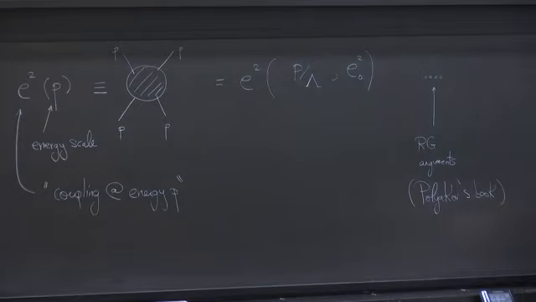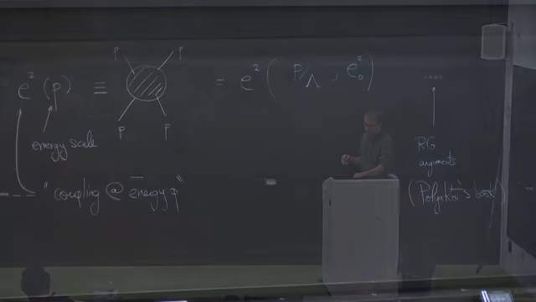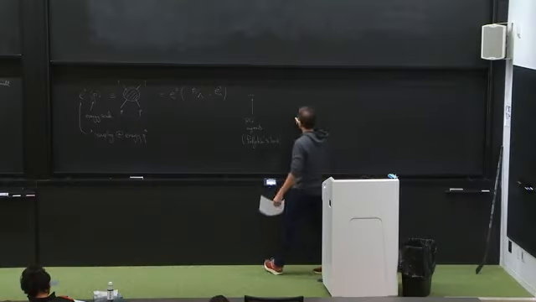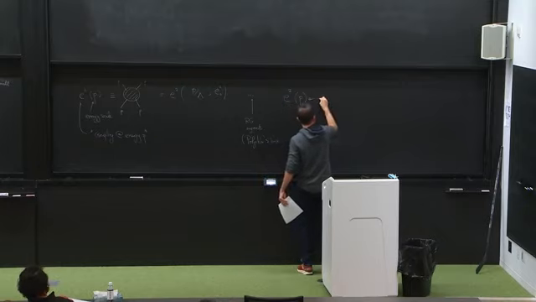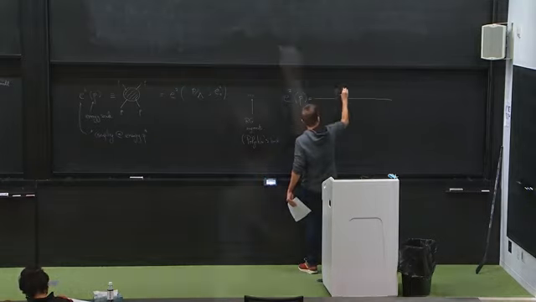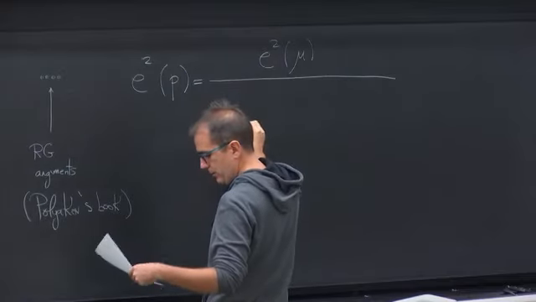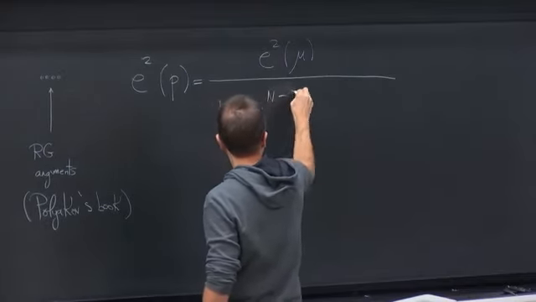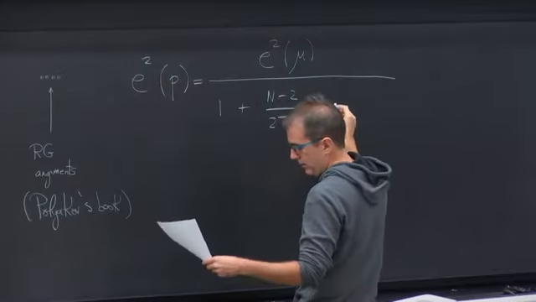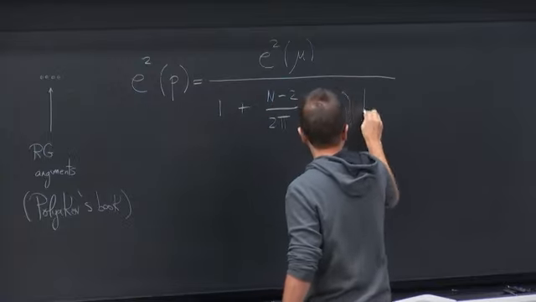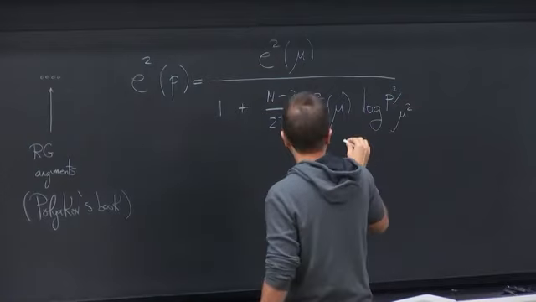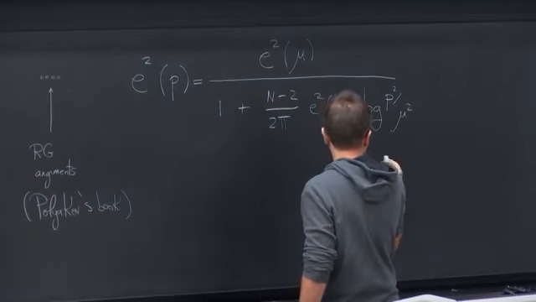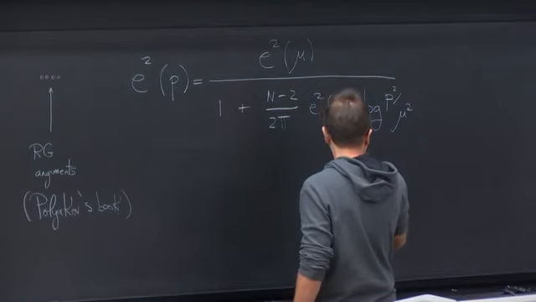But what's important is the claim that this definition plus now the knowledge of the beta function would lead to the following result, that e0 square of P is equal to e0 square of mu divided by 1 plus (n minus 2) over 2 pi e0 square of mu times log of P square over mu square, where mu is some energy.